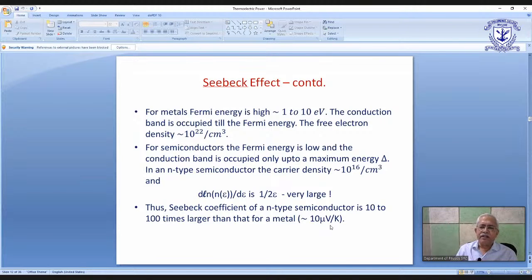In a semiconductor, it can be as high as 100 times this value. So for semiconductors, you may have a potential difference developed, or the Seebeck coefficient, in the order of millivolt per degree Kelvin, whereas for a metal, it is of the order of microvolt per degree Kelvin.